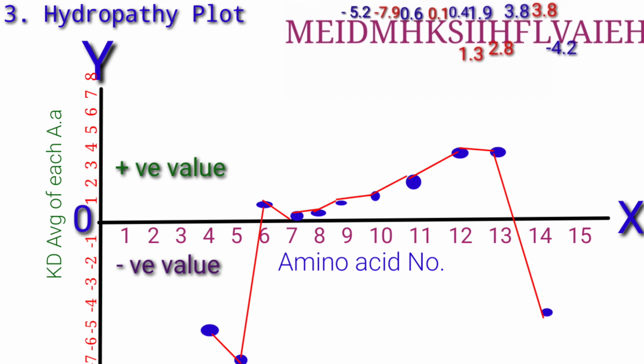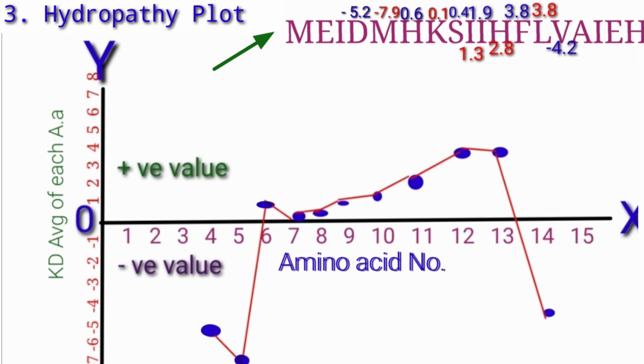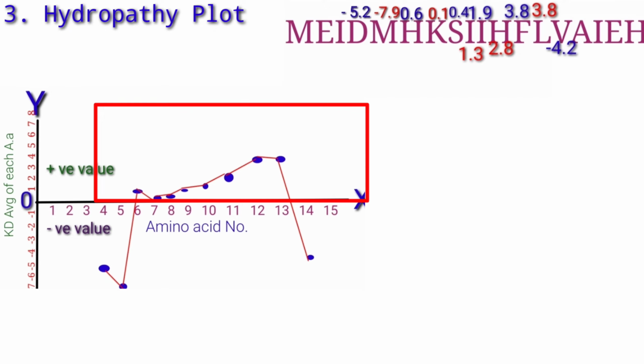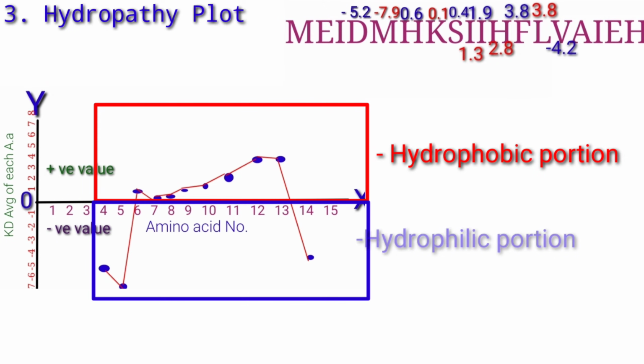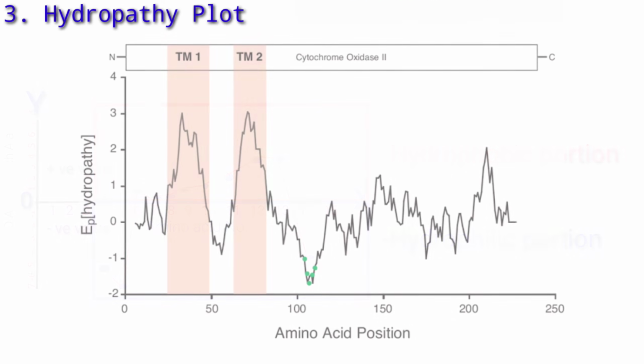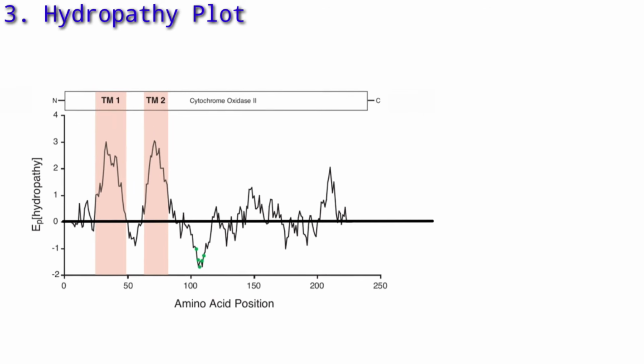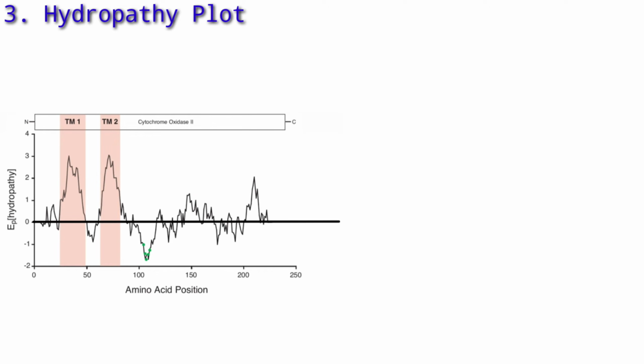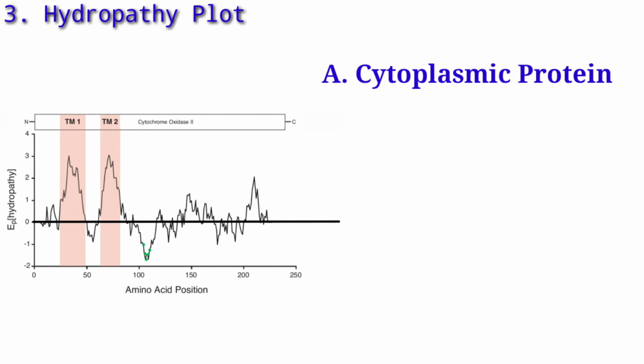So what does it indicate? We have an amino acid chain where some portion is hydrophobic and some portion is hydrophilic. This plot can be used for prediction of protein structure in two different levels, either for cytoplasmic protein or for membrane protein.